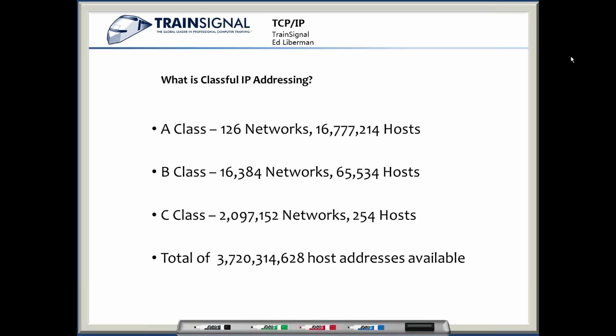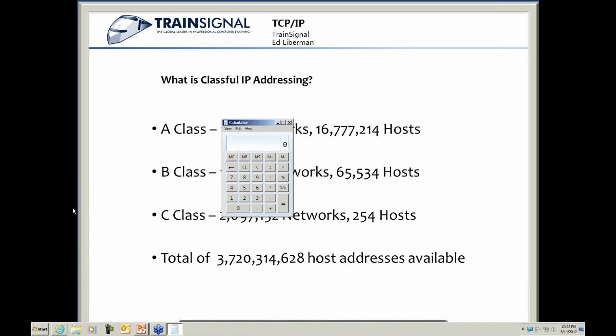And the math is pretty easy here. If I just pull up a calculator real fast and do 256, because there's 256 possible numbers that can go into each octet, 0 to 255 is a total of 256 numbers, and I multiply it by 256, I end up with 16,777,216.